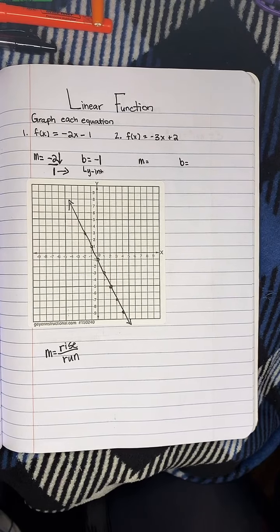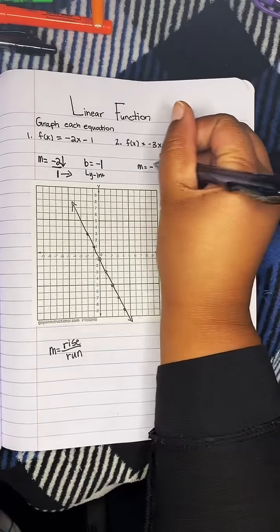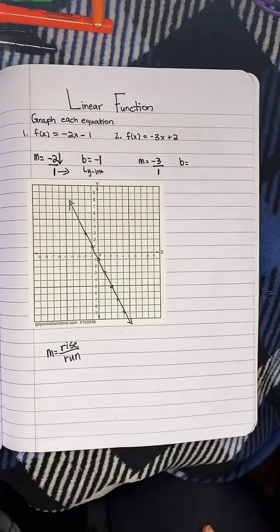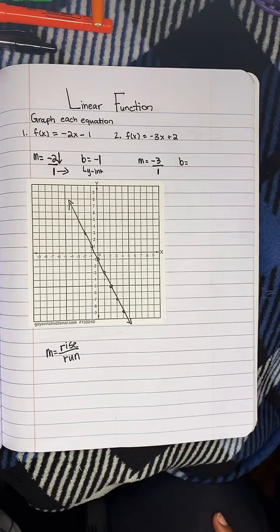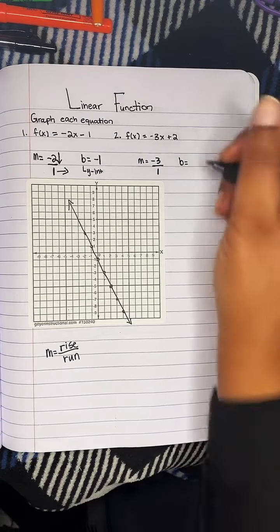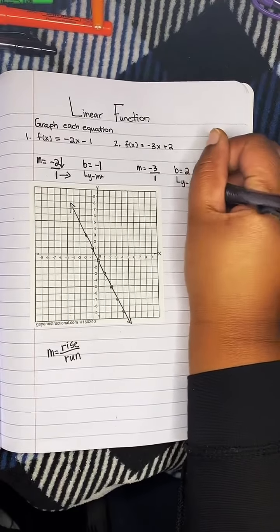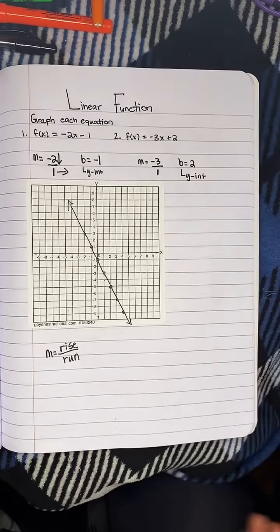Okay, -3 is M. Perfect. So our M is -3 over 1. And then the B is the 2. Remember what that B means? It's the y-intercept.